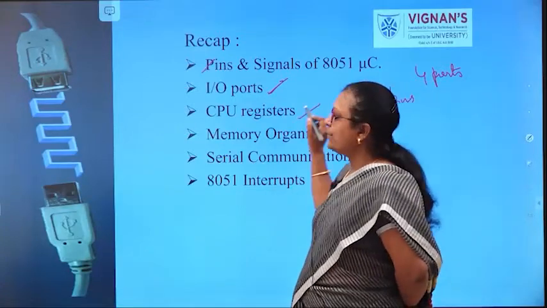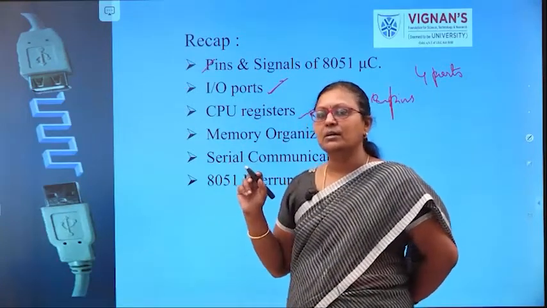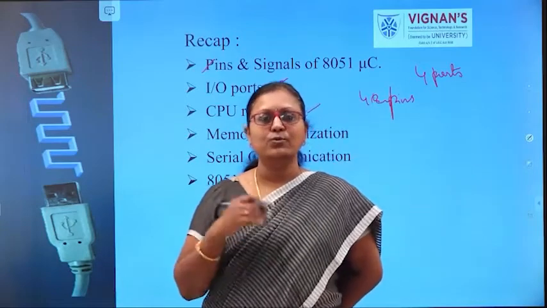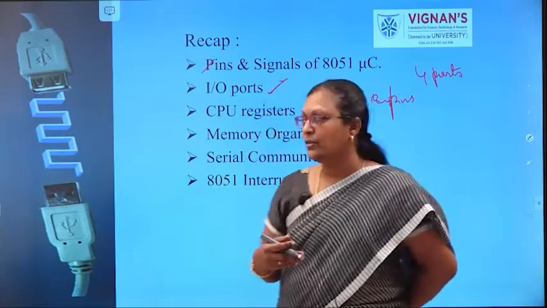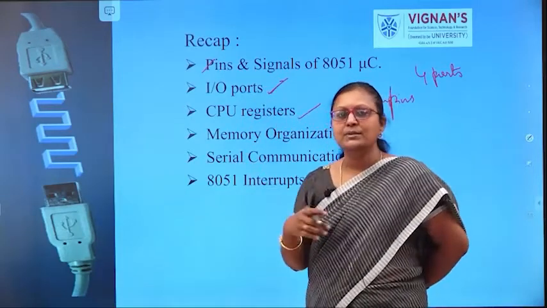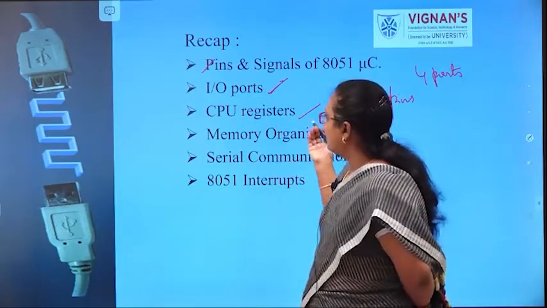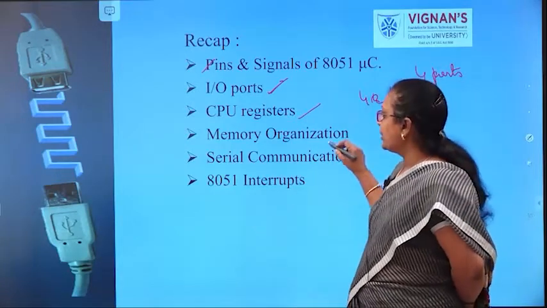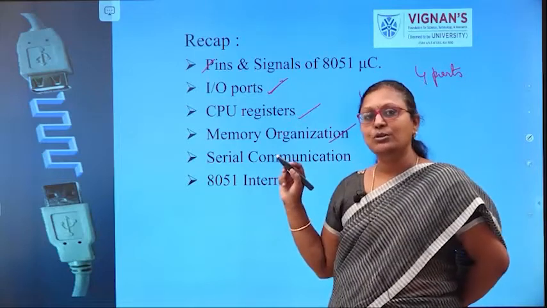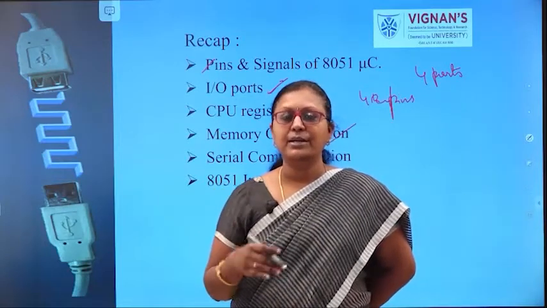And coming to the CPU registers, we have discussed nearly 6 types of registers, what bits are accommodated in those registers, and how these bits can be activated, right? And in memory organization, we have discussed 2 types of memory: program memory and data memory.